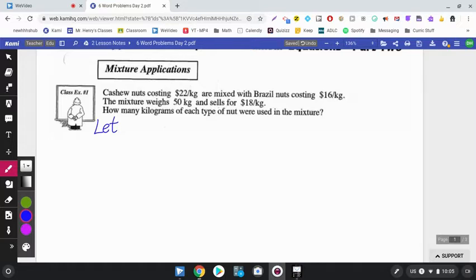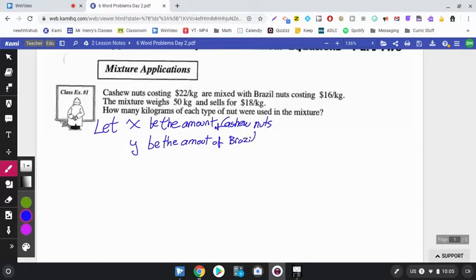So I'm going to say, because I'm very original, let X be the amount of cashew nuts, and Y be the amount of Brazil nuts. Now it's easier for me to talk about. Whenever I talk about cashews, I can just talk about X. Whenever I talk about Brazils, I can talk about Y.